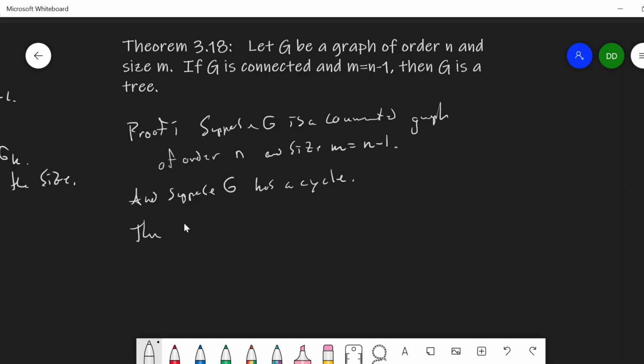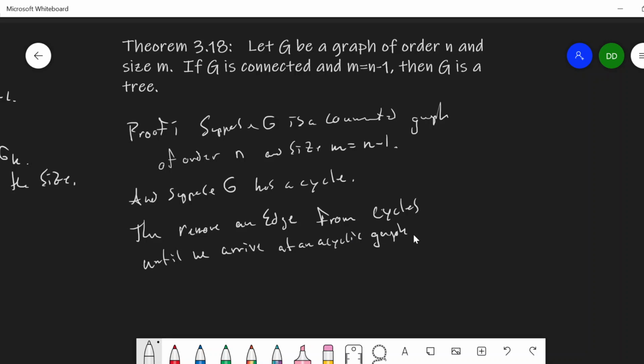Then remove an edge from cycles until we remove all the cycles, until we arrive at an acyclic graph.